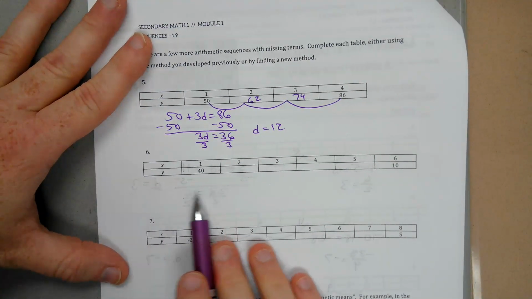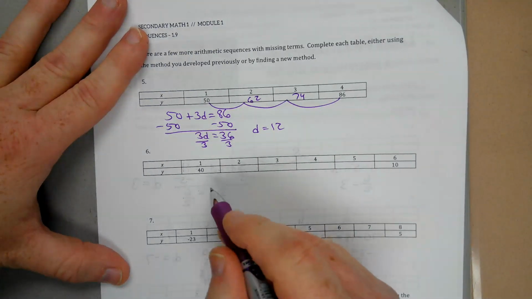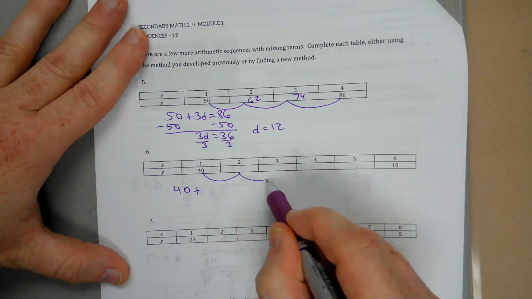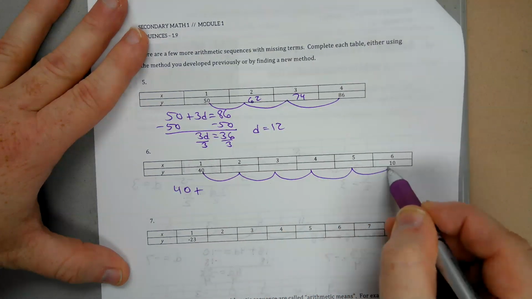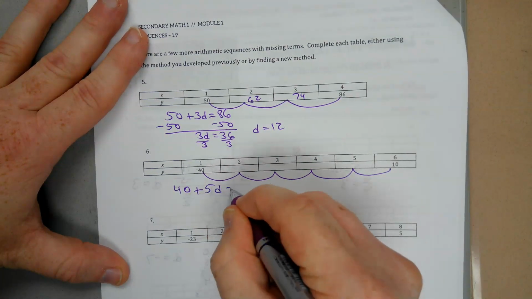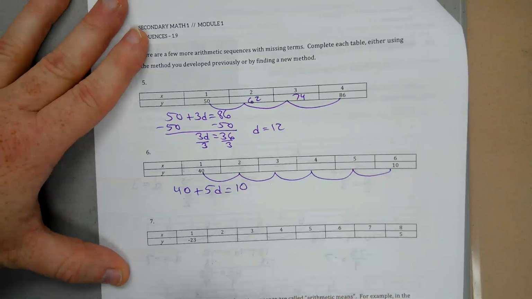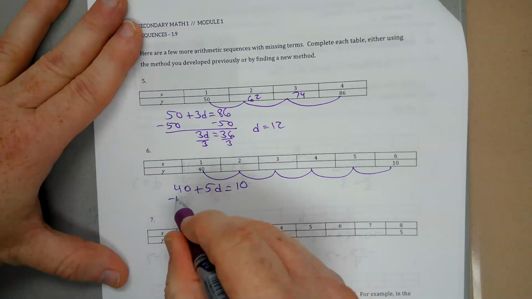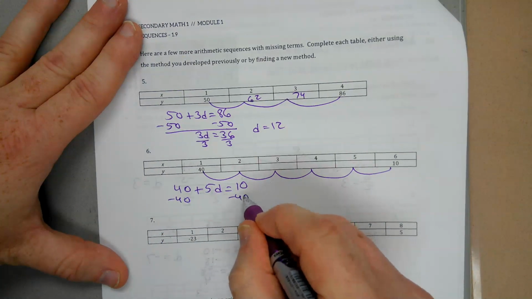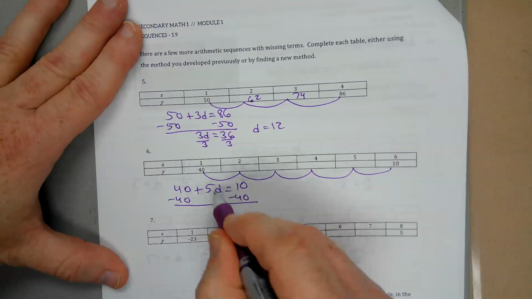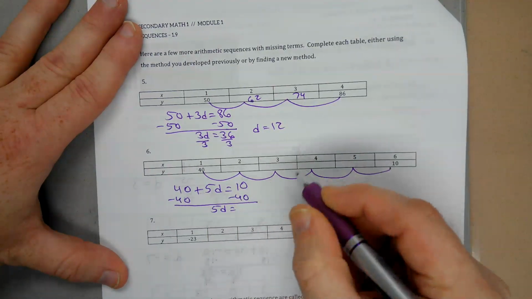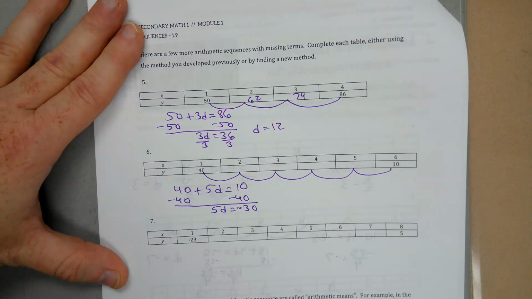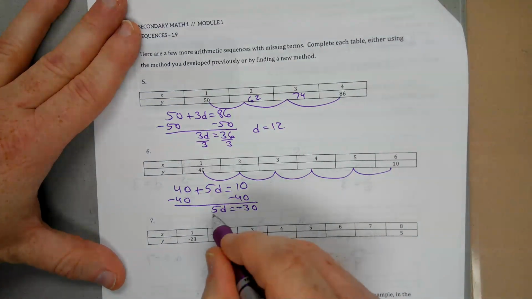In number 6, first number plus 1, 2, 3, 4, 5, d equals 10. So subtract 40 from both sides. That gives us 5d equals negative 30. Divide both sides by 5.